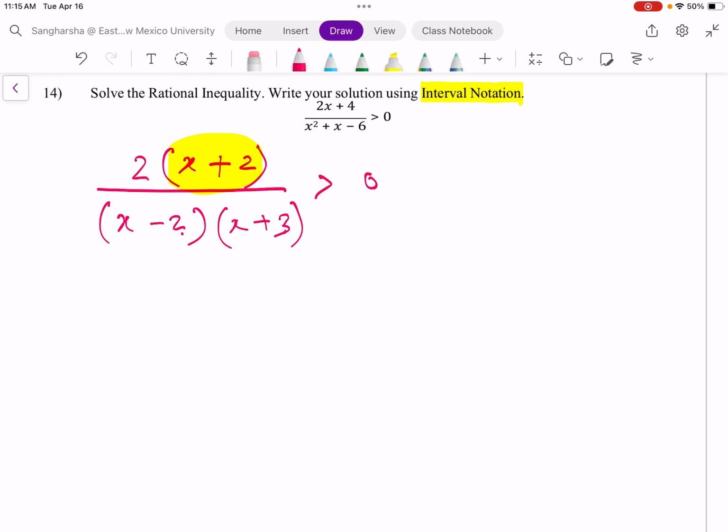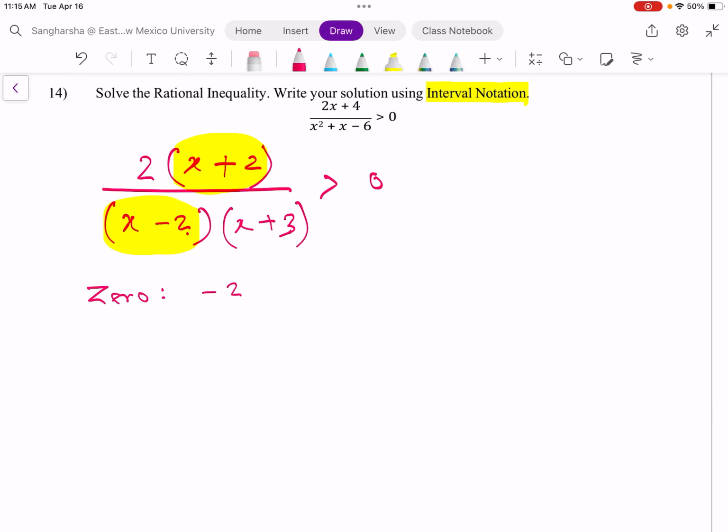So the zero for this function is negative 2. You find the x that makes the numerator 0, that is the zero. The next, we also need to write down the x that makes the denominator equal to 0. So we have this factor. For what x value is this factor 0? 2, right? But 2 is not a zero for this function.